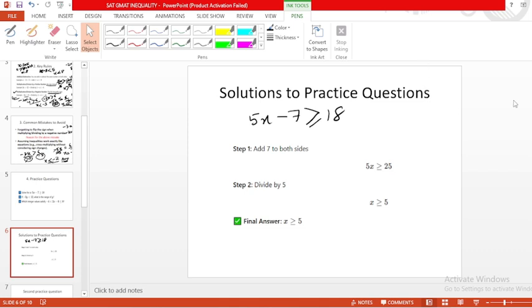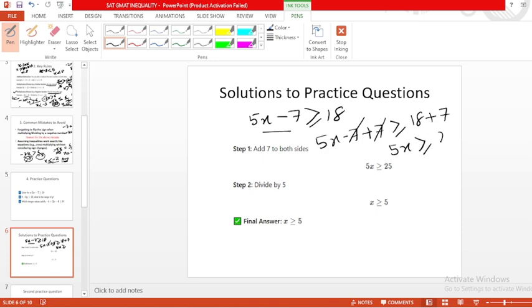So what we will have to do, same like an equation, we will first add 7 to get rid of this 7 from this side of the inequality. So we get 5x minus 7 plus 7 should be greater than, since we are adding and subtracting, there is no flip of the sign. So we remove this. 5x should be greater than or equal to 25.